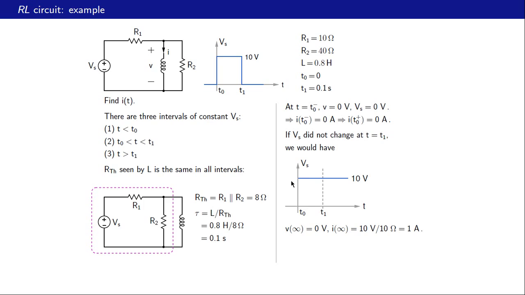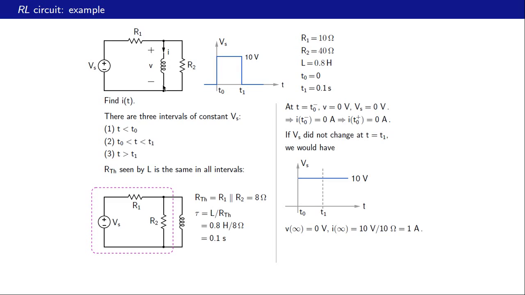Okay, with this situation, let us now find this current as t tends to infinity. What do we have at t equal to infinity? The circuit would have reached steady state. All currents and voltages would have become constant. Therefore, this V, which is L di dt, would have become 0.